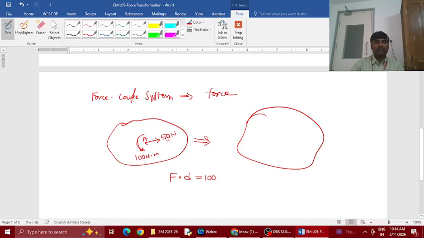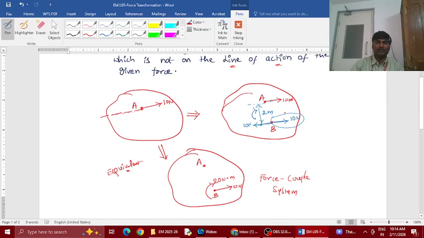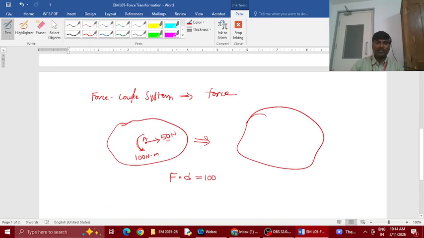You have seen the conversion of the force to force couple system where the force that you applied here is equal in magnitude to the given force, which means your force should be 50. Distance is unknown. So D is equal to 100 by 50, which is 2 meters.